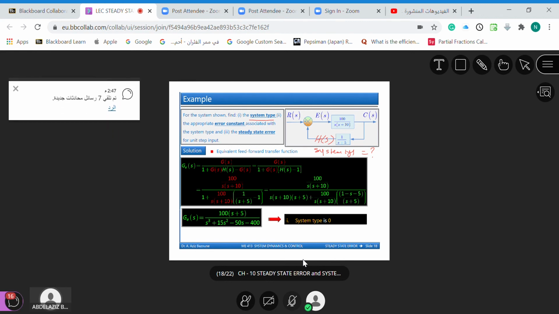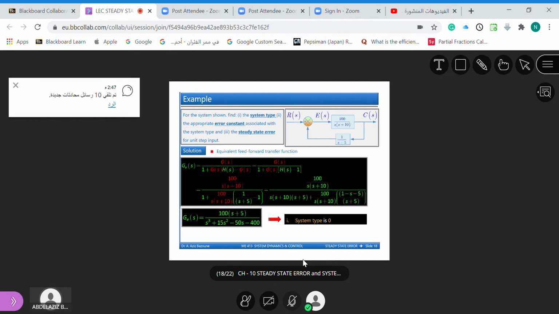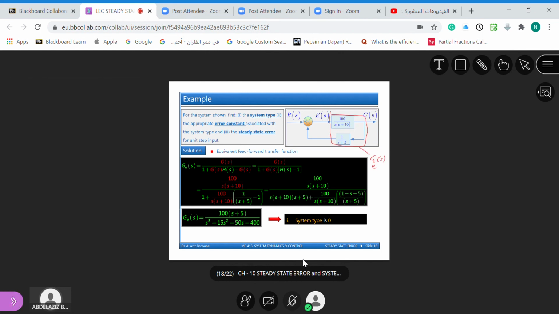From where do we get the system type? We cannot say anything about the system type until we find GE of S. What is GE of S? G equivalent. The system type can be determined from G equivalent.